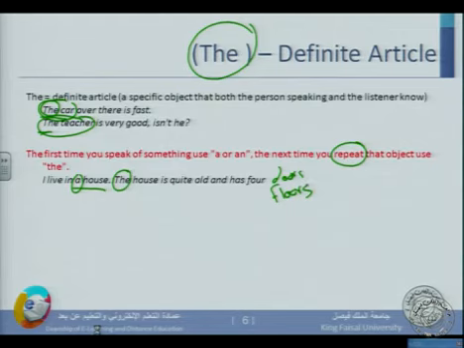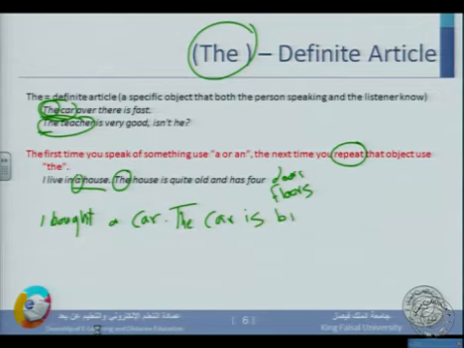Oh, you can say I bought a car. أنا اشتريت سيارة. The car is big.